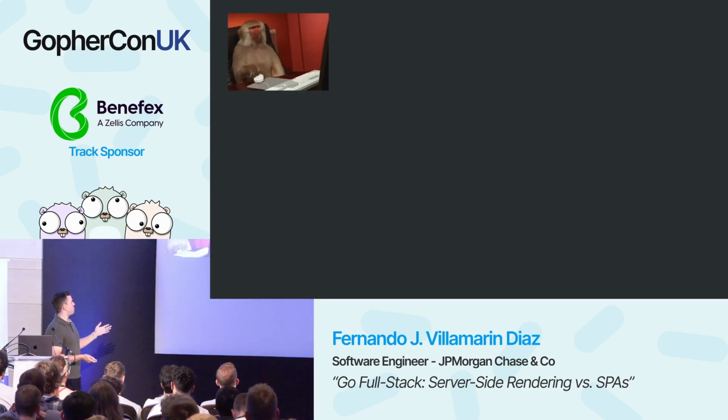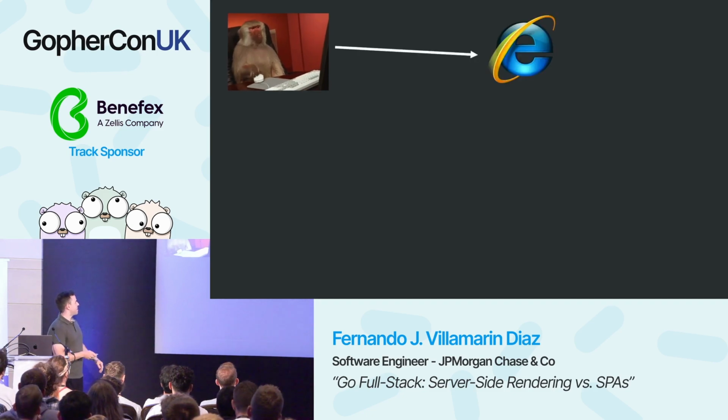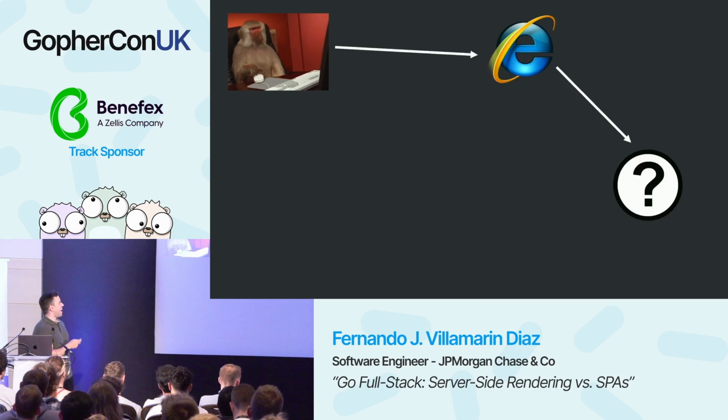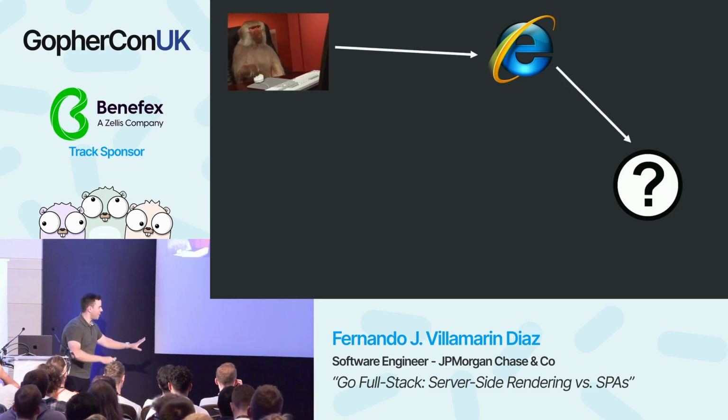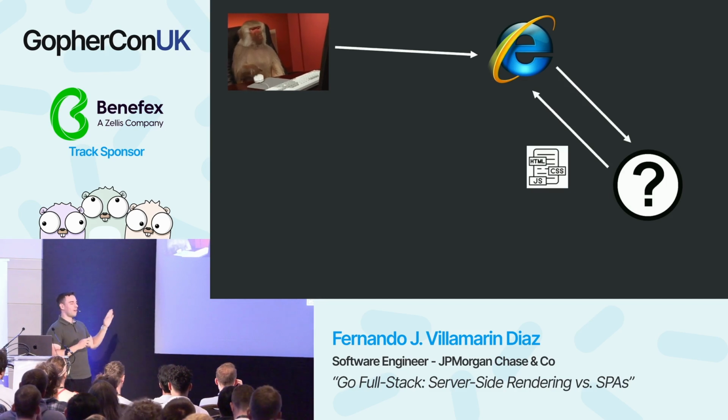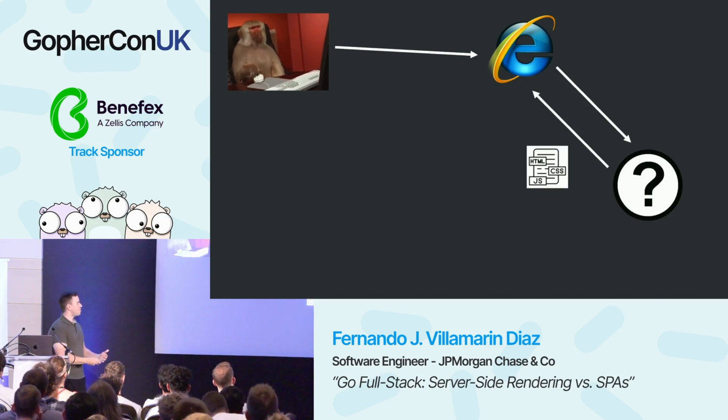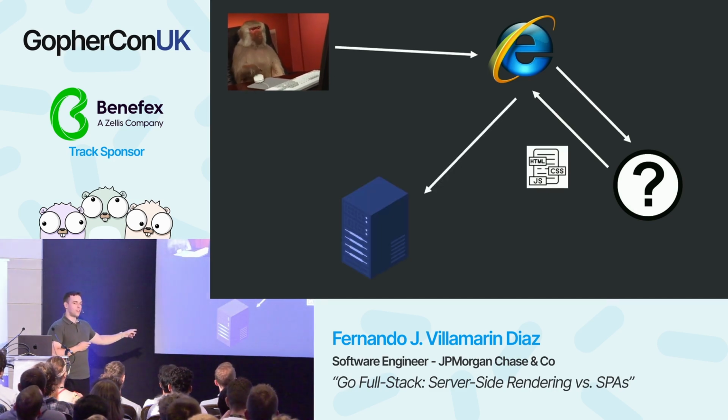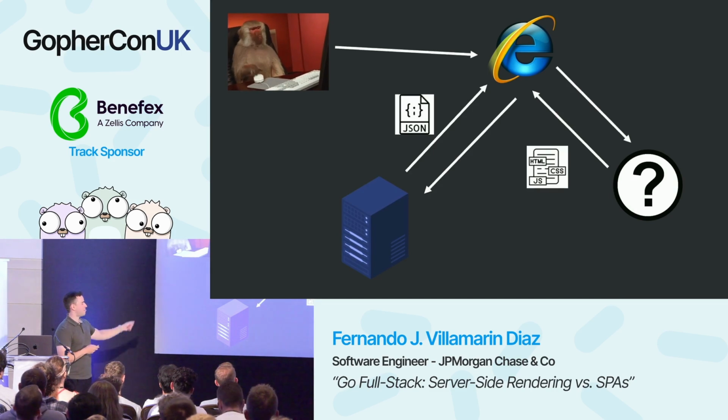We have our user, and they go to their favorite browser, which is Internet Explorer, of course, and they make a request to an unknown thing, we'll talk about it later, that gives it the HTML, JavaScript and CSS that it needs to get the SPA started. Once the SPA is started and the JavaScript is ready to go, it then makes a request to our JSON server, and it gets back the JSON, which is then rendered, and our user is happy because now that's when they get the actual web working.